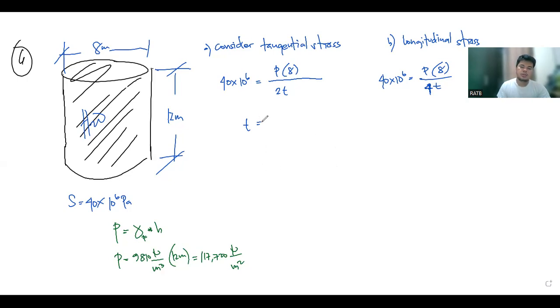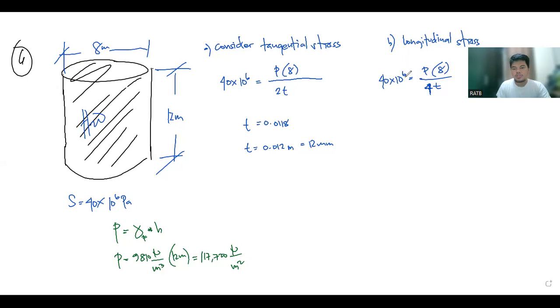So t here would be around 0.0118, or basically t is equal to 0.012 meters. That is equal to 12 mm.